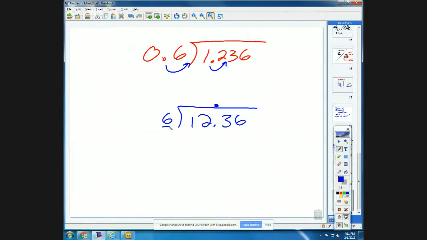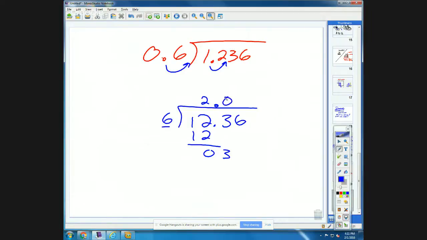2.6. All right, so I jump in there. 6 doesn't go into 1, it goes into 12 twice. 2 times 6 is 12. Well, that's nice. And then I get 0, bring down the 3. I don't even actually need the decimal here anymore, because I know where it goes up above. How many times does 6 go into 3? 0 times.